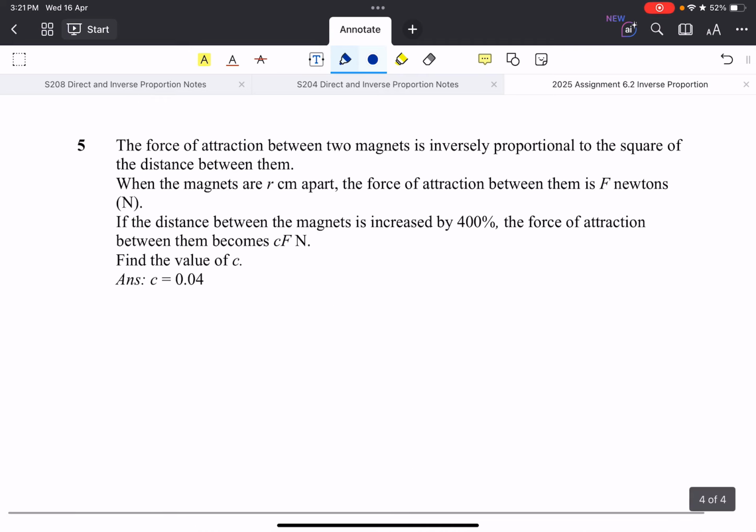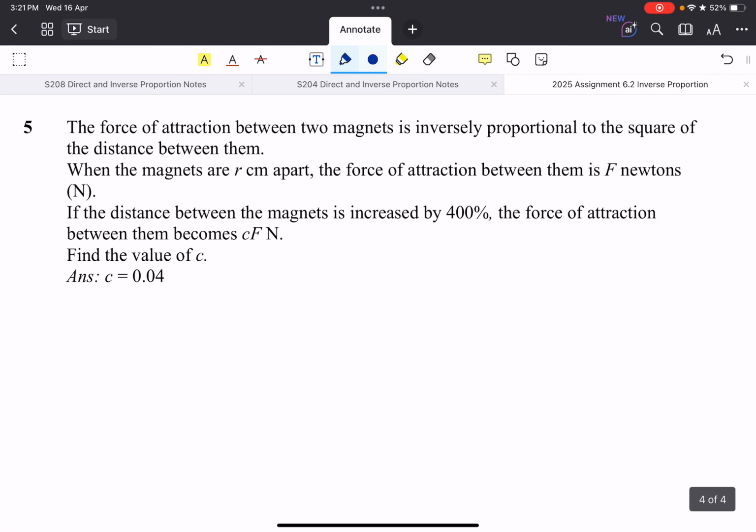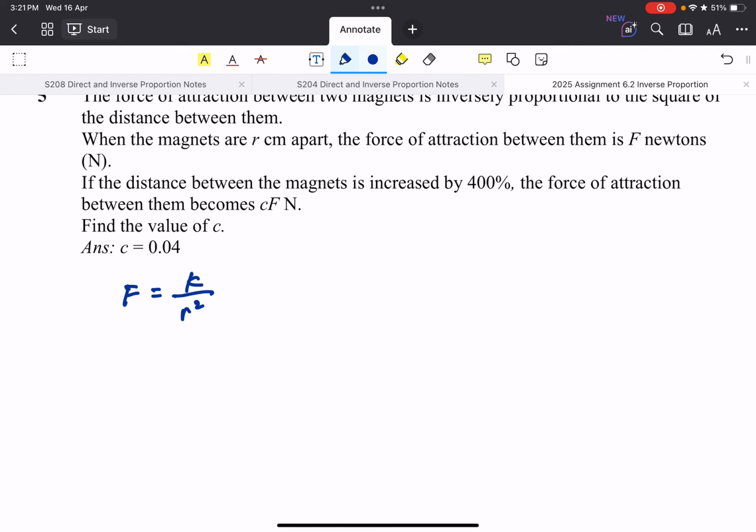All right. Let's go on. Next one. The force of attraction between two magnets is inversely proportional to the square of the distance between them. The magnets are R cm apart, and the force we use F. So F is equal to k over R squared. If the distance between the magnets is increased by 400%, my new R is 5R.